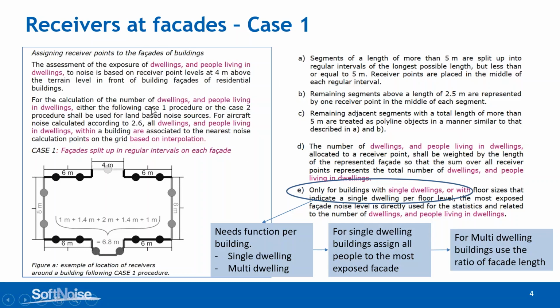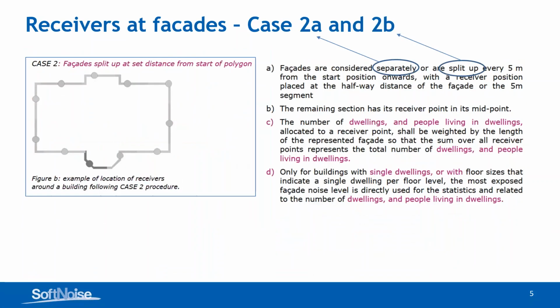This is a copy of the text of CNOSSOS-EU, and the red text is the changes, the suggested changes by REVM in their report to the EU. So this might already be the updated CNOSSOS method that I talked about. So this is case 1. Case 2 is where the facades are split up at a set distance from the start of the polygon.